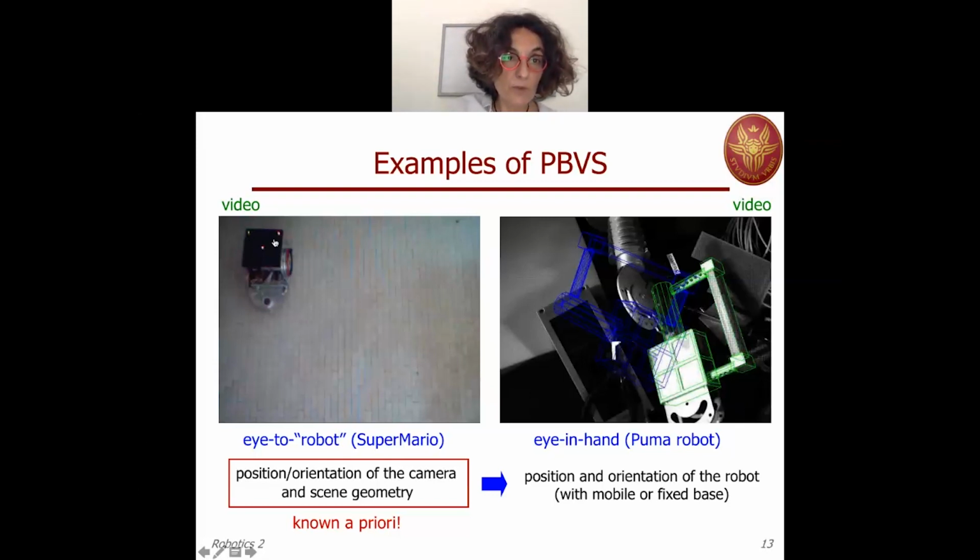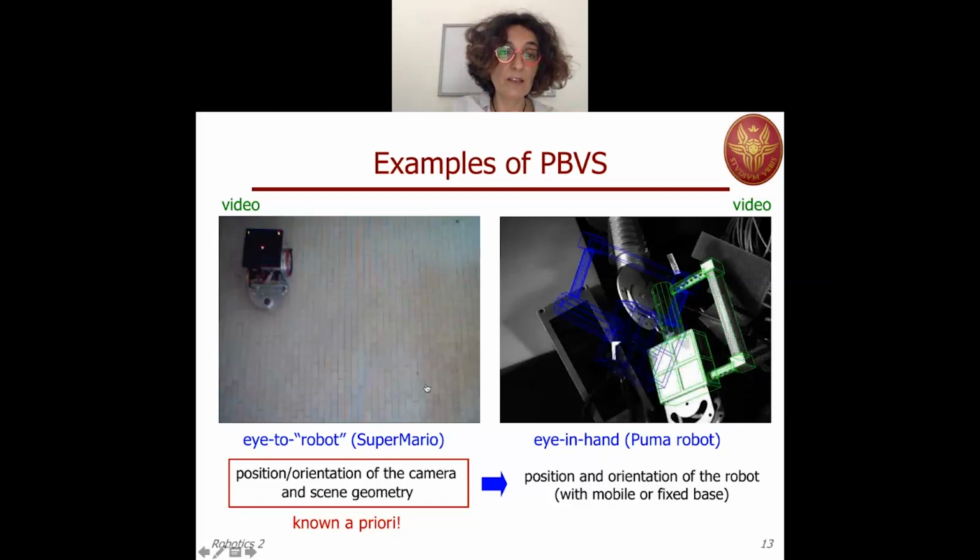On top of Super Mario, you see these three points that are the features. Because of their geometry, how they are arranged, they allow us to determine the position and orientation of the robot in the plane, and the position and orientation of the camera and the scene geometry are known, of course.